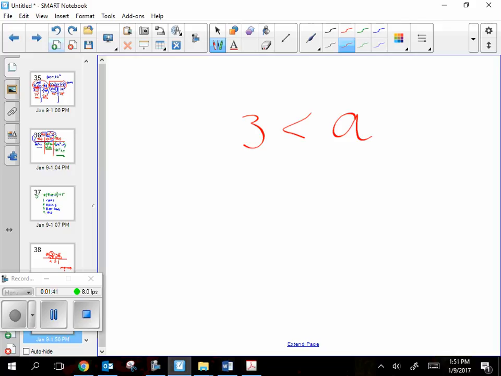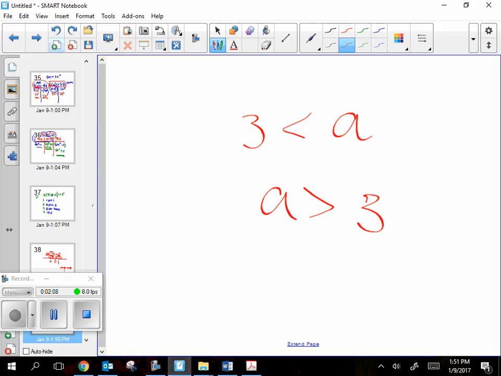Remember, the alligator likes to eat. Then I hope you switched it around so that the alligator's eating the a in either case. Do you get then that I wrote a is bigger than 3? You can't keep the sign the same, otherwise the alligator's eating a different thing.